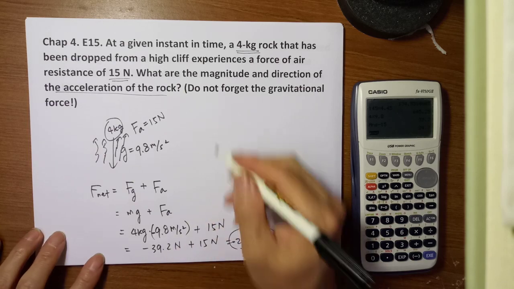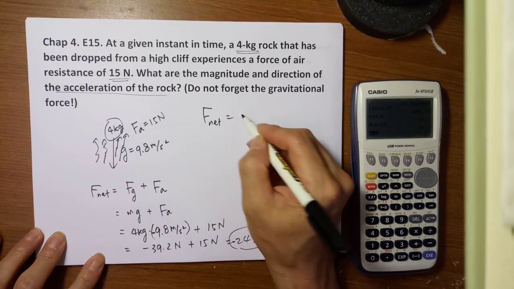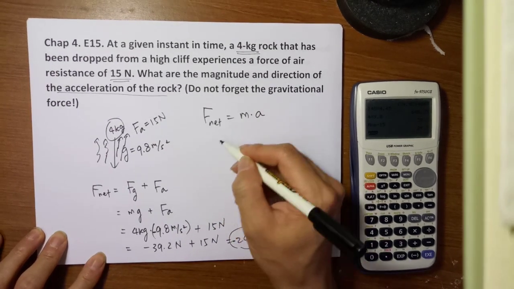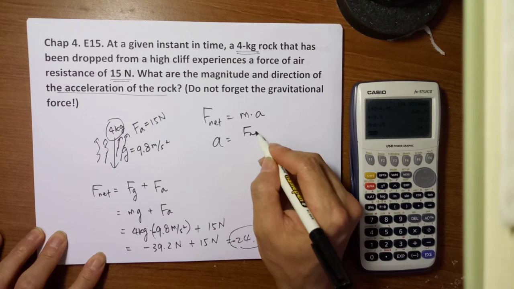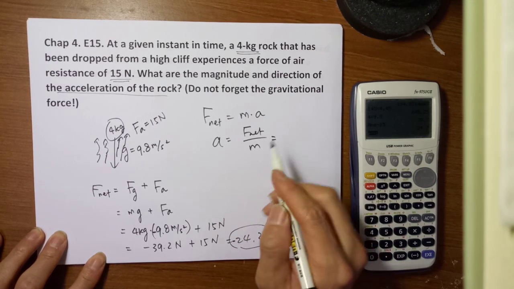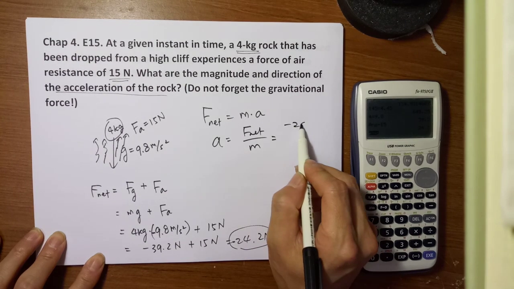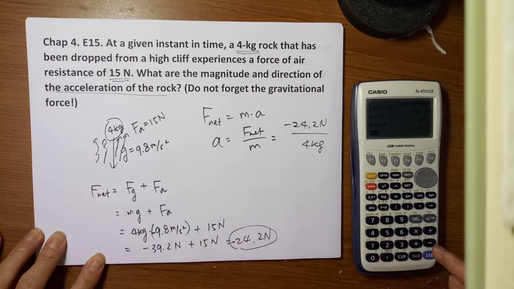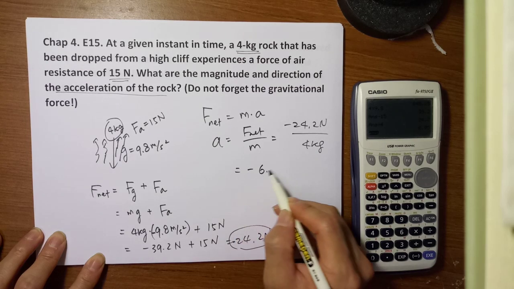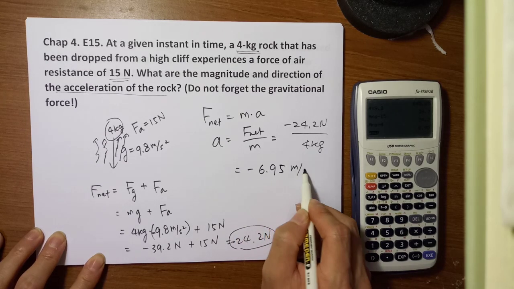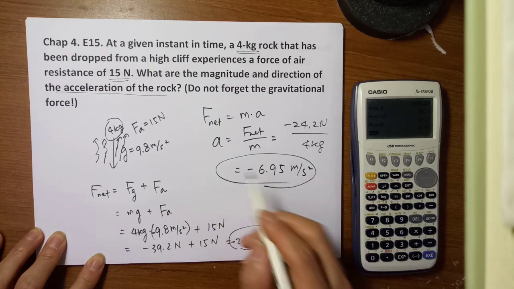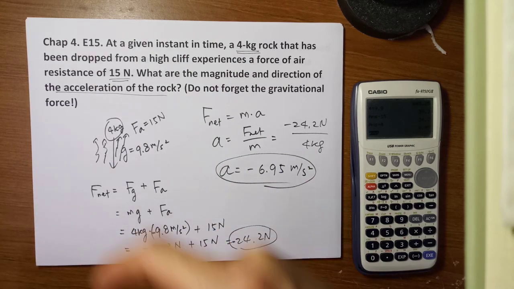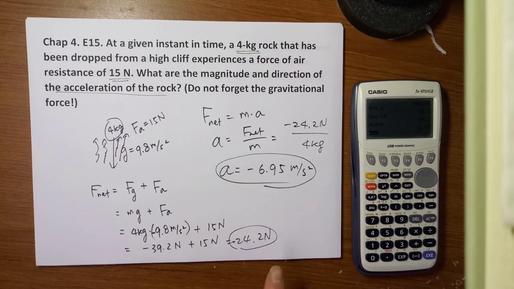Then F net equals m times a, so a equals F net divided by m. F net is negative 24.2 Newton divided by 4 kilogram, which gives negative 6.95 meter per second square as the acceleration, which means going downward at 6.95 meter per second square.